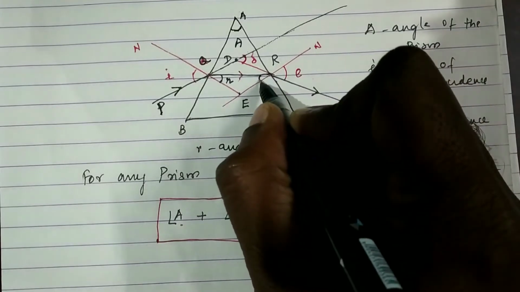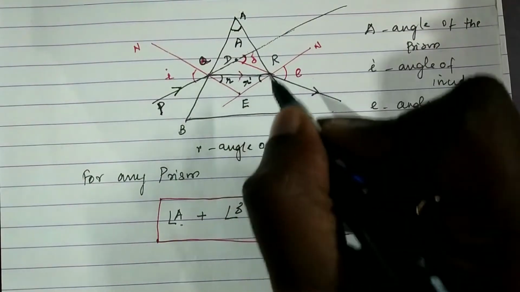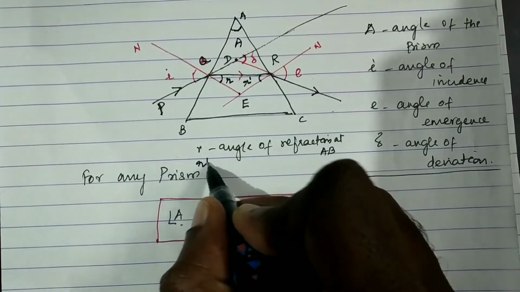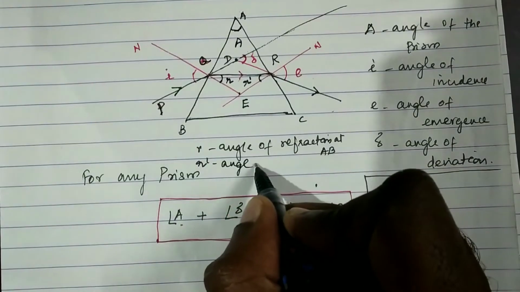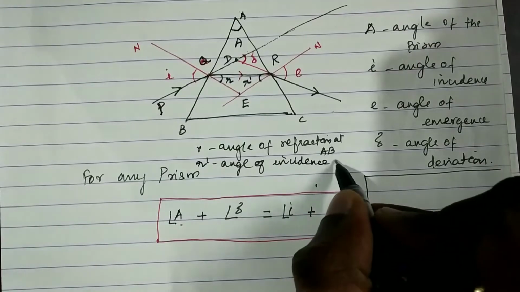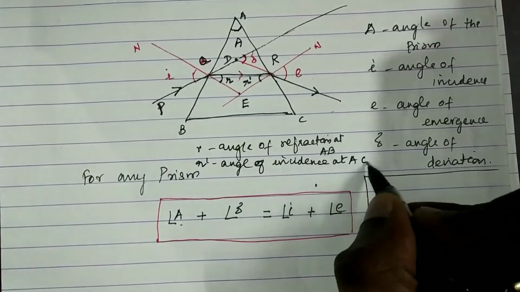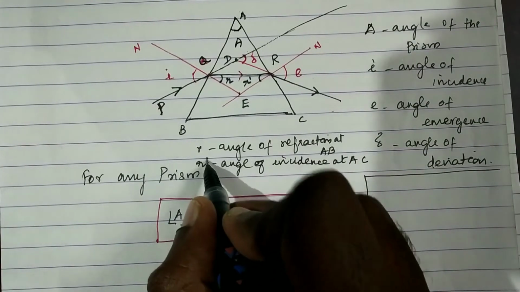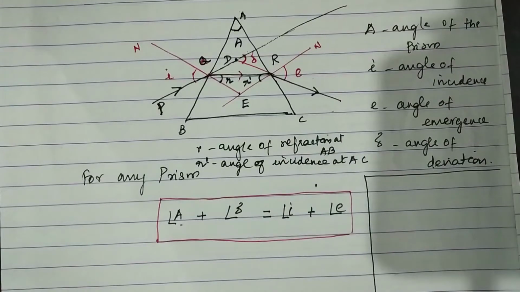And here let this be r dash. r dash is angle of incidence at AC. Second surface angle of incidence is r dash. Now we are going to prove angle A plus angle D is equal to angle I plus angle E.